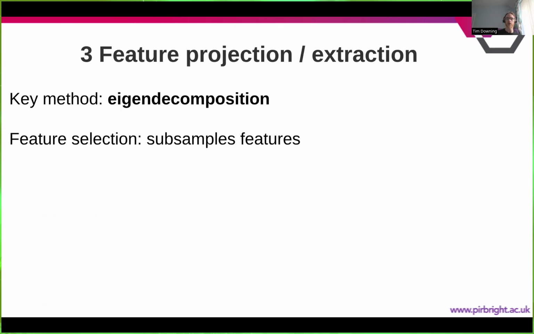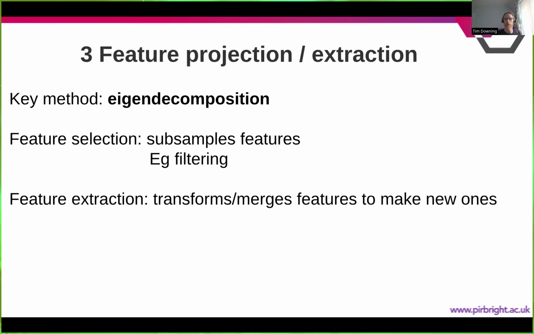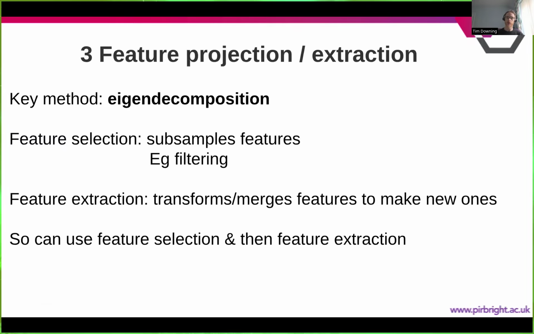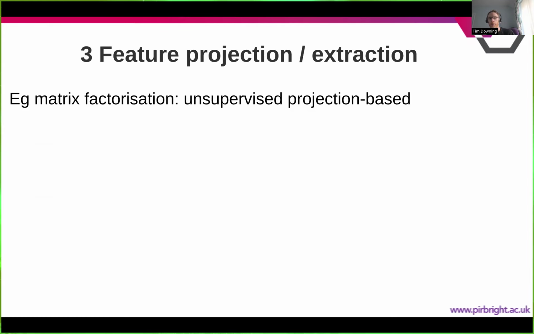So we might subsample the features for the ones that are filtered and valid and inform our analysis and are not just noise. And then we do feature extraction. So we transform our data, our features, to make new ones. So we might do some sort of normalization and or scaling to change those original features, and then proceed on to dimension reduction after that.